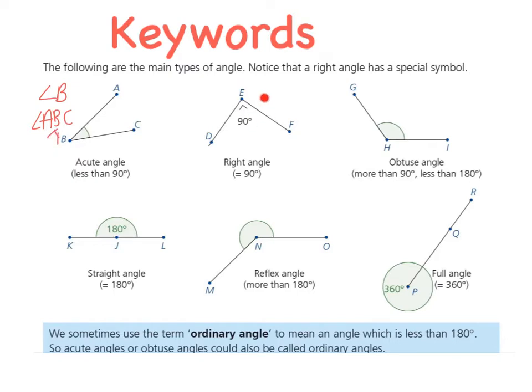This one here is a right angle, and it is 90 degrees exactly. This one here is an obtuse angle, and it's more than 90, you can see, and it's less than 180. So this angle here is angle H, or it's angle GHI. Okay, so again, the one in the middle, if you're writing the three letters.